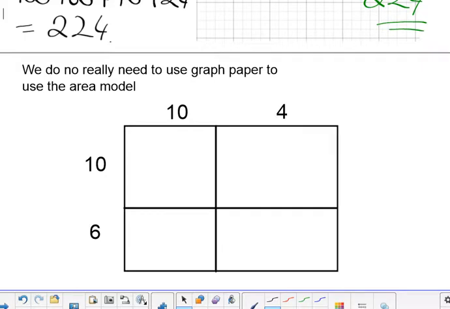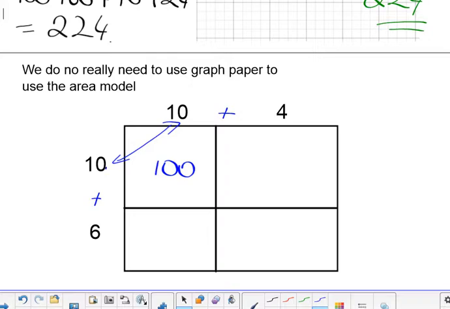Now, did we really need to use grid paper there? Not really. We could have just thought of any old rectangle like this, split it up into 4 sections. There's our 10 plus 4 this time. There's our 10 plus 6 here. And even though the scale is not correct, it doesn't really matter. We've first of all got 10 times 10, which is 100.